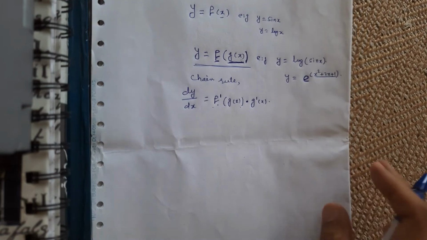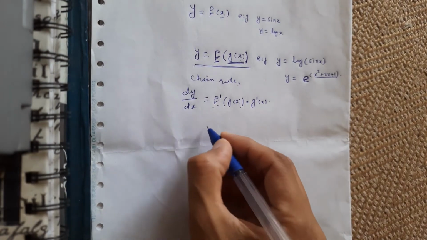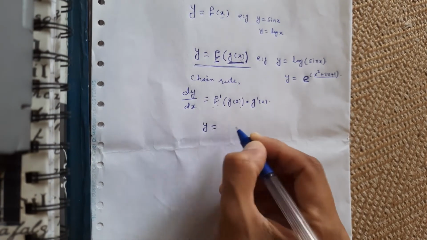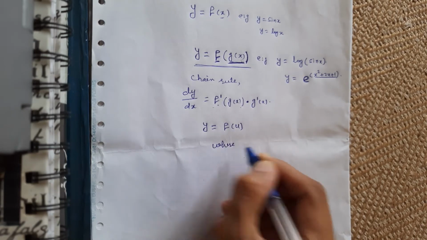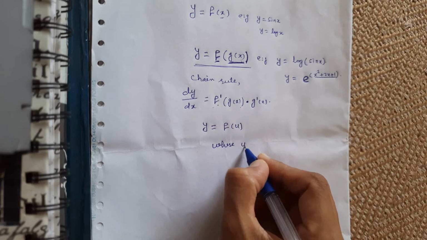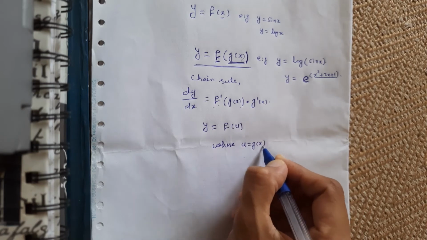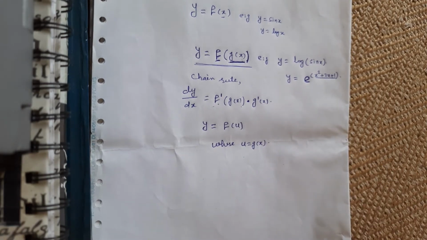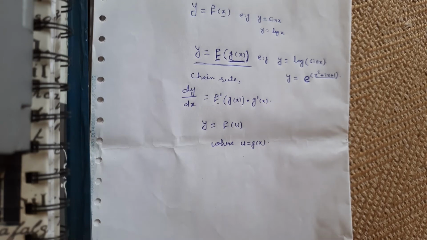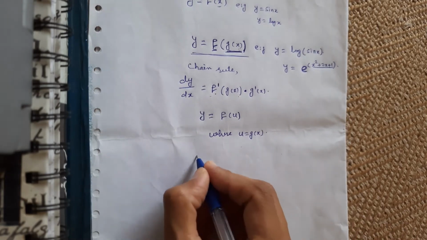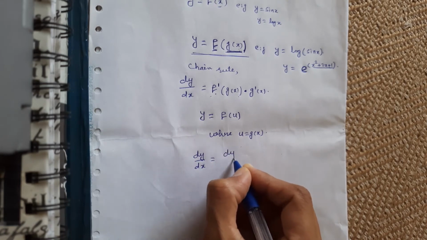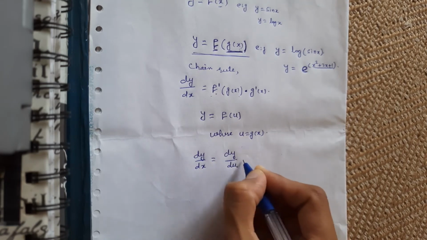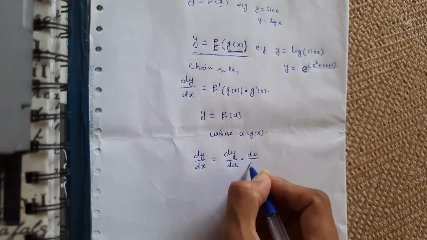Or sometimes people write it as: if y is a function of u, where u is a function of x, then dy by dx is given by dy by du into du by dx.